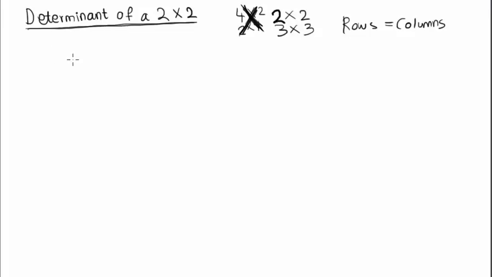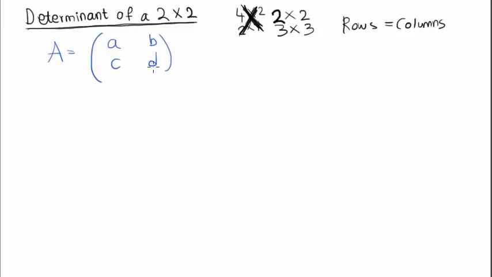So the way we go about calculating determinants is, let's say I have some matrix A, and the elements in A are a, b, c, and d.